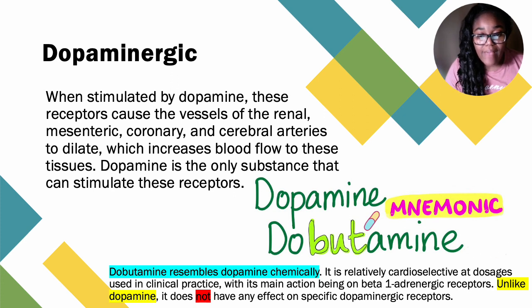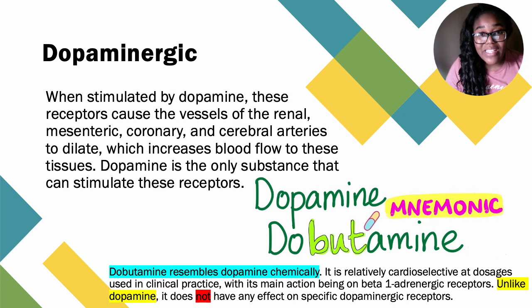Now, you have dopamine and then you have dobutamine. So, dopamine and dobutamine are very close in their chemical relationship. They're very, very similar. But in clinical practice, dobutamine's main action is on beta 1 adrenergic receptors. Therefore, dobutamine does not affect dopaminergic receptors.